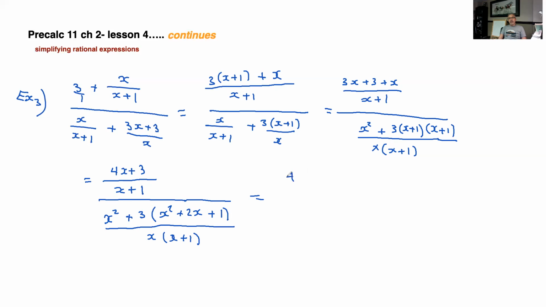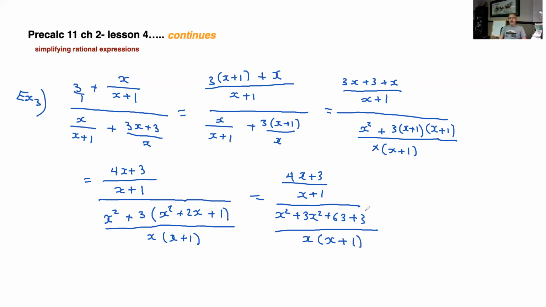Keep on simplifying. So this I cannot simplify any further over x plus 1. This one here will be x squared plus 3x squared plus 6x plus 3, because I'm distributing the 3 into there, over x plus 1. Remember, this is my main fraction right here.